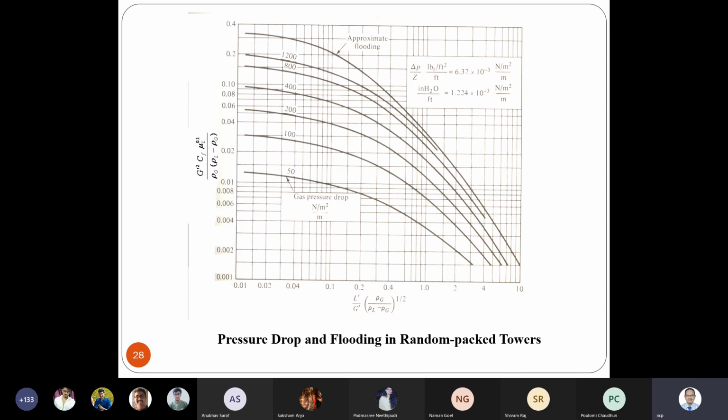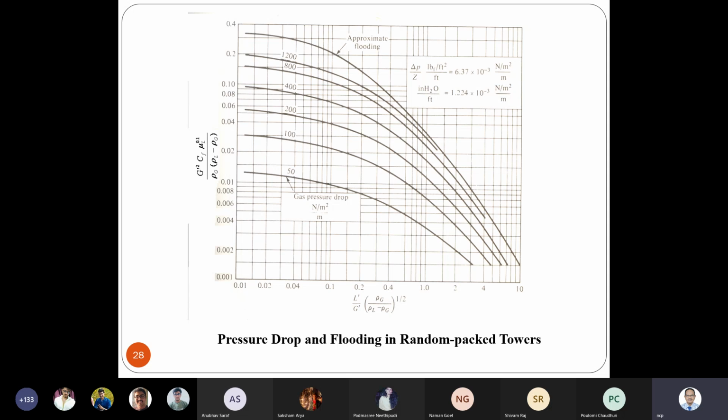Basically, for this type of tower, as I told you, we'll study this in gas absorption, in packed towers. So, the design of the tower. Design means, as we have seen in case of tray towers, you have to find the length and diameter.